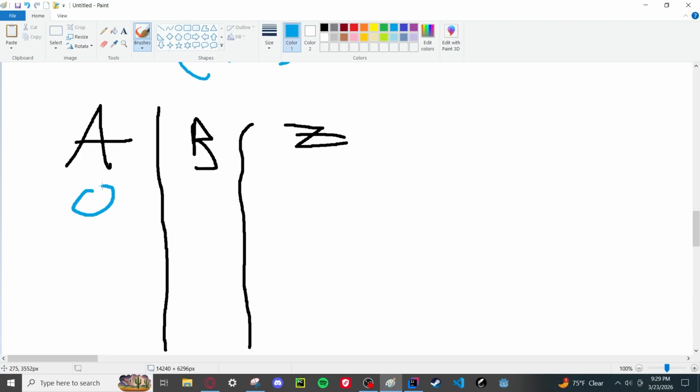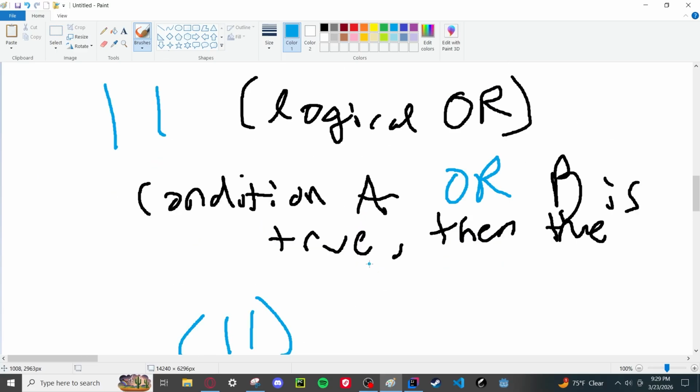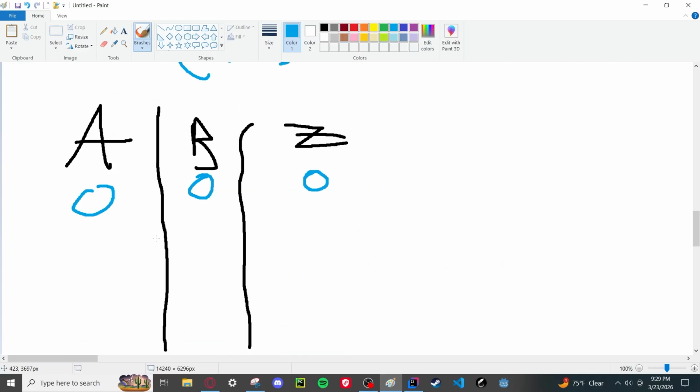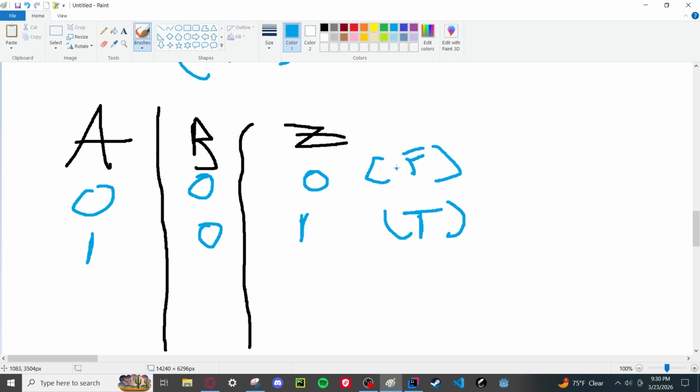If we have a 0 here and 1 here, or a 0 here and 0, we're still going to get 0, right? Because or is true as long as one of the conditions is true. But here both of our conditions are false, so this can't be true. But if A is 1 and B is 0, well now we have 1, so we're getting an output of true. This was false, this was true, because remember that 1s are true and 0s are false.